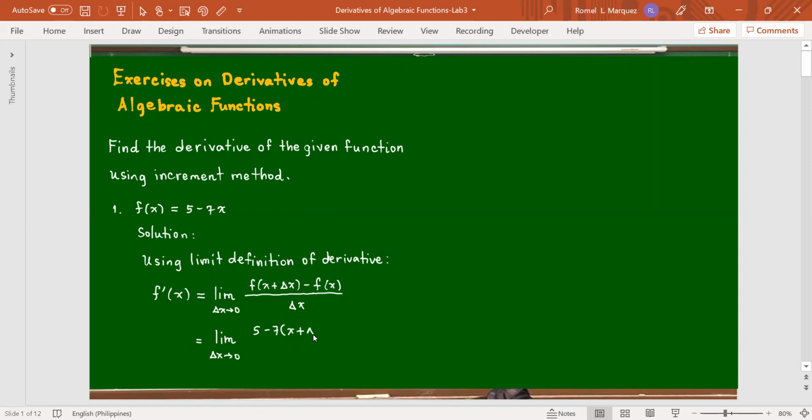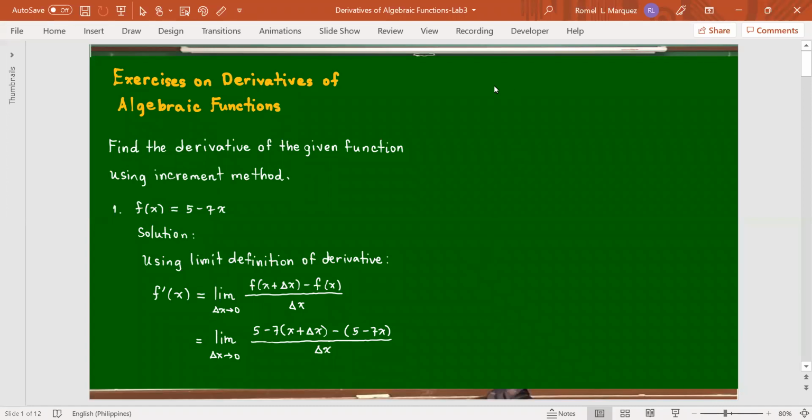Then minus our f of x, the given function, 5 minus 7x, all over delta x, okay?